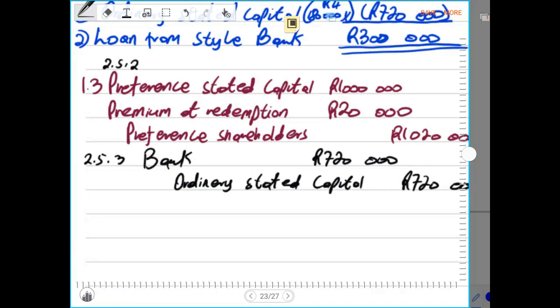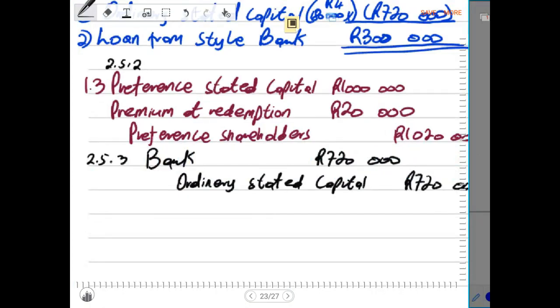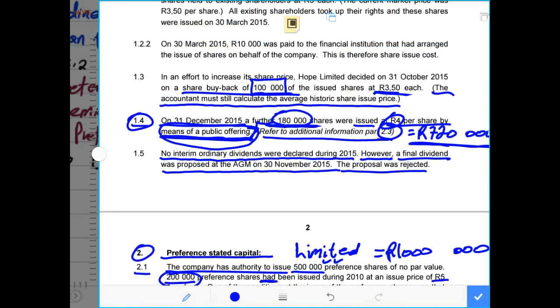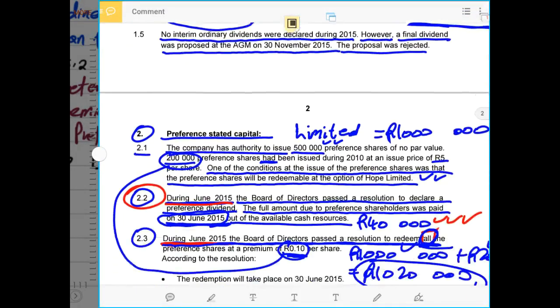Remember, the rights issue was not for the public, only for the existing shareholders.